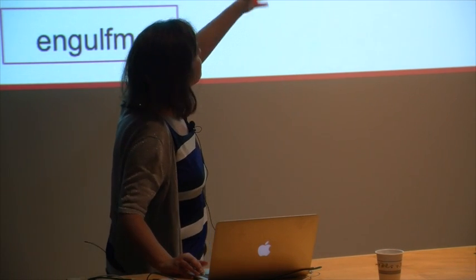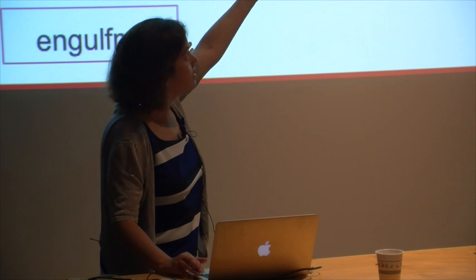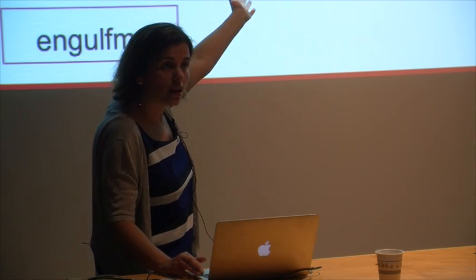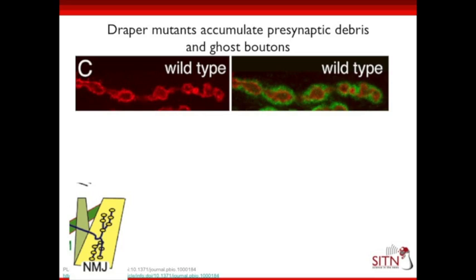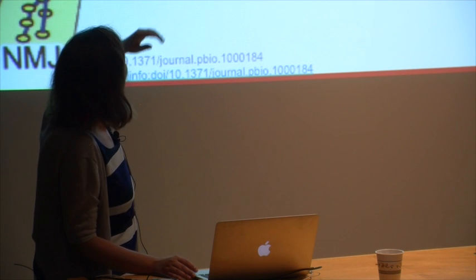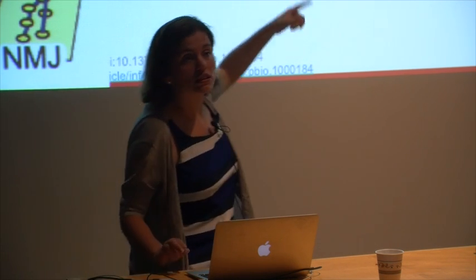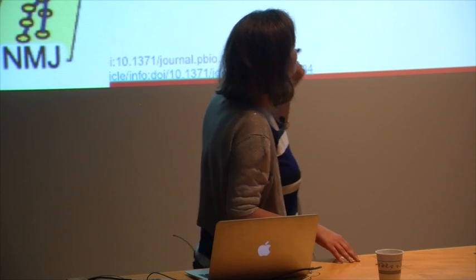So the hypothesis was, can this gene, now that it is on the surface of the cell, be responsible for the elimination of these synapses? So what I did is I looked at wild-type samples, and I labeled neurons in red, muscles in green.